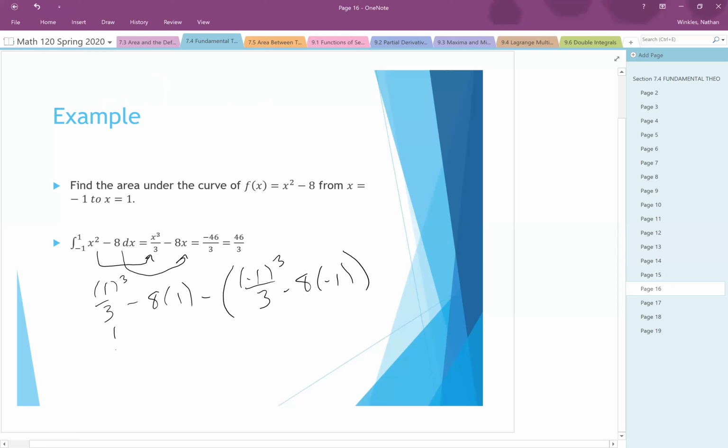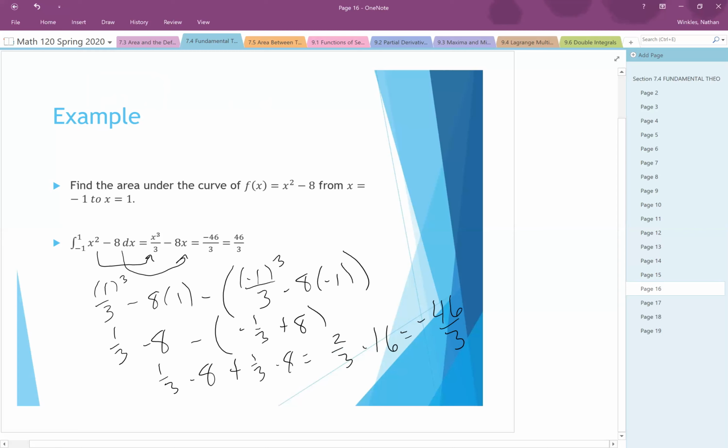So simplifying, we have 1/3 minus 8 minus our parentheses of negative 1/3 plus 8, or 1/3 minus 8 plus 1/3 minus 8, which is 2/3 minus 16, which is negative 46 over 3.